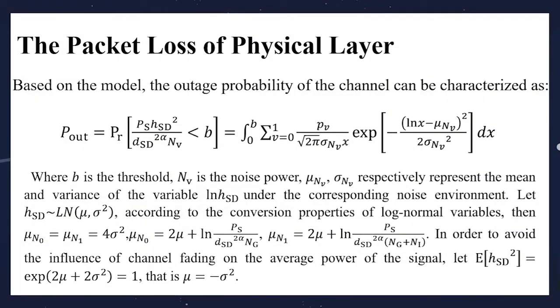Based on the MAC layer model, if 2 or more packets are sent at the same time, the packets will collide, causing the failure of transmission. As for the physical layer, if the signal-to-noise ratio of the transmitted signal is less than the threshold, the transmission will be interrupted, which will also cause the failure of transmission.